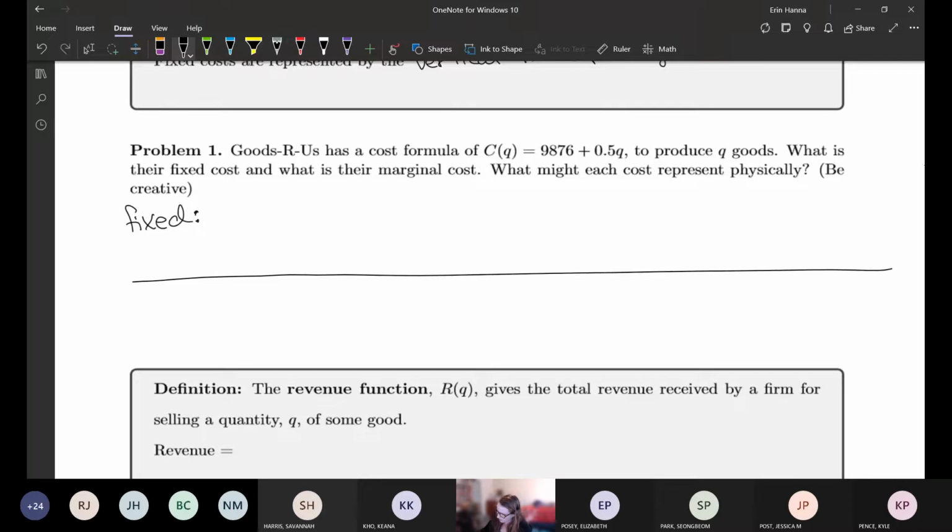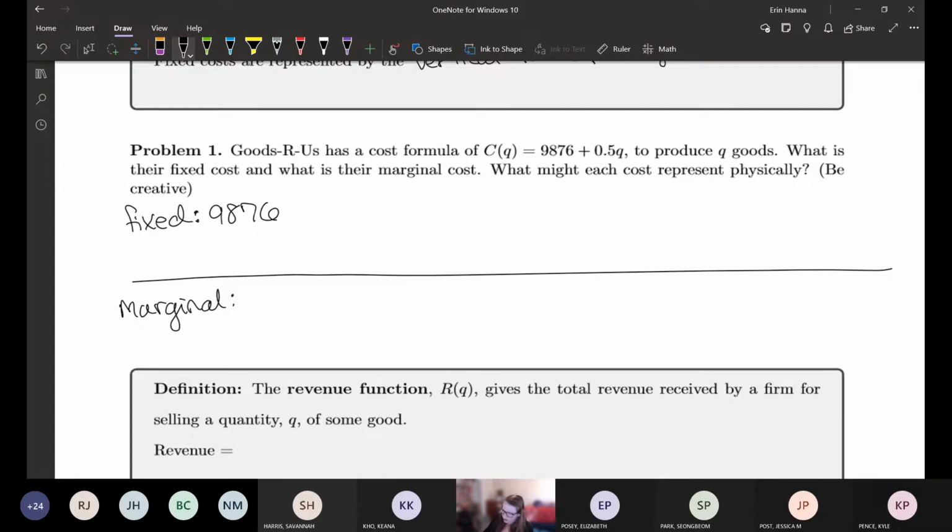Here, since we have a linear function, the fixed cost will be our y-intercept, our b value of the linear function.